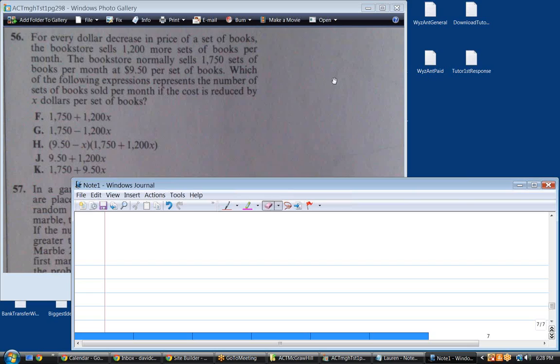This would probably be a problem that I would put a double check mark by, and go on. It's not just because it's 7 sentences long. It's because it's not a straightforward question. Obviously, if he doesn't adjust the price, he's going to sell 17.50 times $9.50 per set of books.